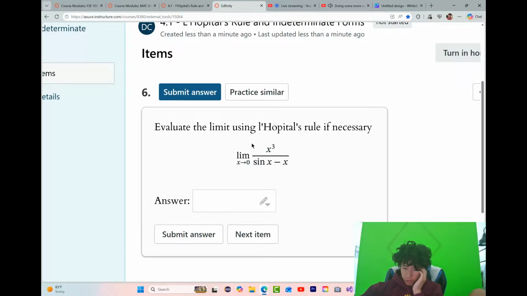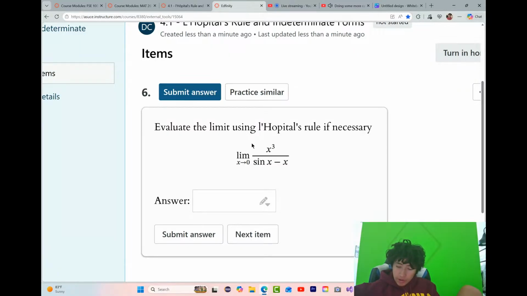Let's see if we have to use L'Hopital's rule. We have 0 over sine of 0, which is 0 minus 0. So we have 0 over 0, an indeterminate quotient, and now we have to apply L'Hopital's rule.